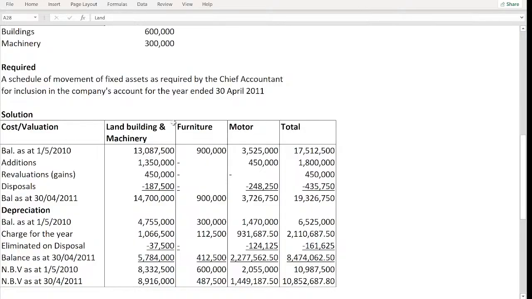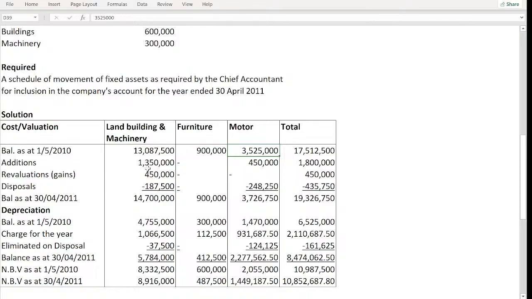The balance was 13,007,500 for land, building and machinery when you add all of them. For furniture, we have 900 as its cost, motor vehicle 3,525,000. And so the total is 17,512,500. And then we have the additions.